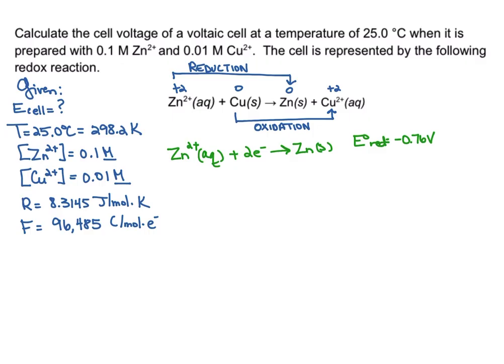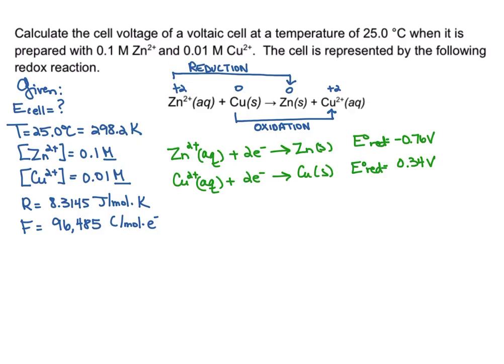And copper is listed as a reduction. And this is 0.34 volts.